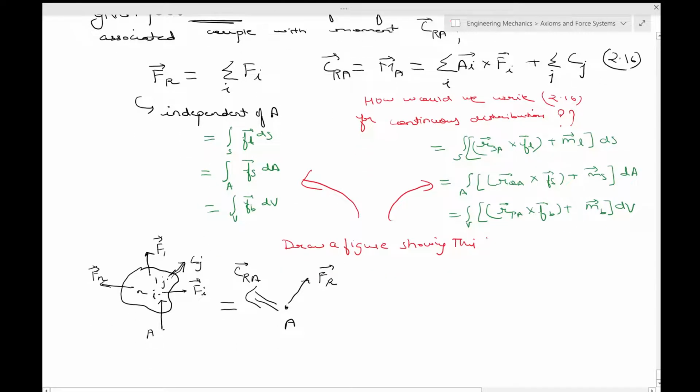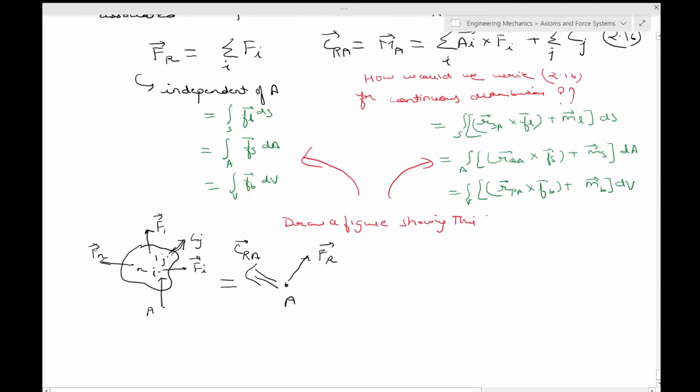One can do a similar diagram for continuous distributions. This was for a discrete one. Now for a continuous distribution, say you have this line S, and then this region is ds, and this has ML ds as its moment, and it has FL ds as its force.